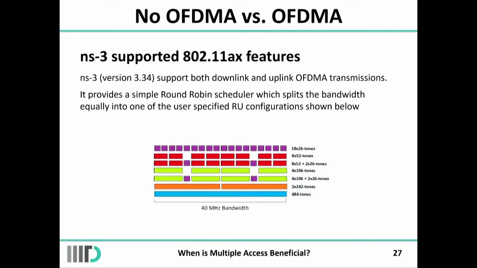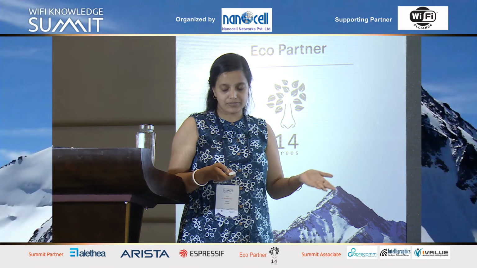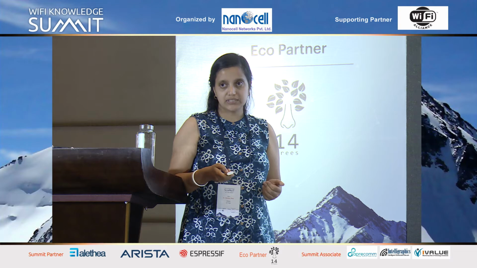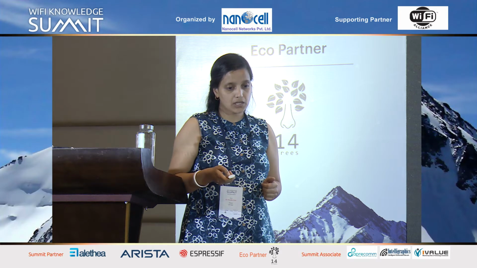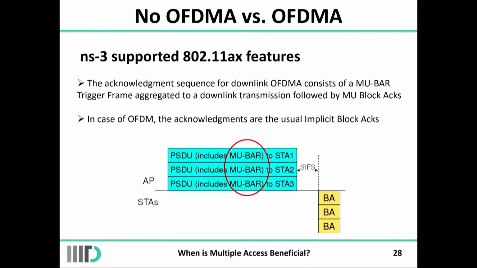As I said, you have the non-OFDMA version as well, which is the single user version. The transmission happens this way: the downlink transmission has a multi-user block acknowledgement request along with the PSDU that is getting transmitted, and then the block acknowledgement goes from the clients to the AP.